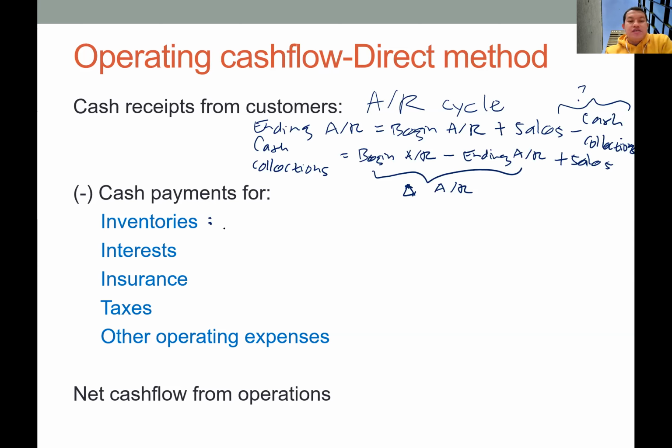To calculate this cash payment, we can use another cycle, which is the account payable cycle.